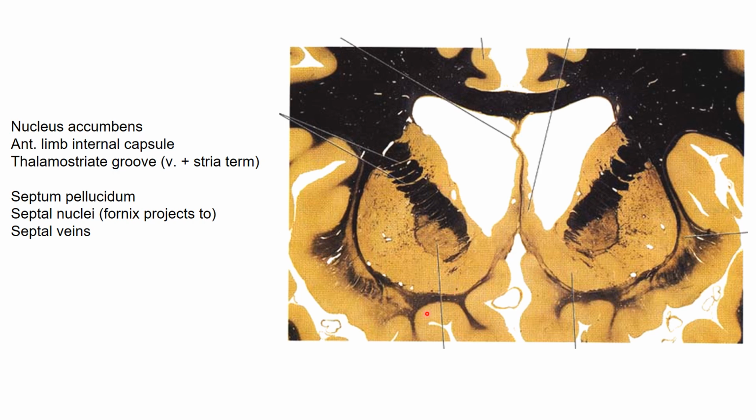And then also, we can see these black fibers going underneath the lentiform nucleus, aka putamen, and then our nucleus accumbens. This is going to be our sublenticular limb of our internal capsule, because this is our lenticular nucleus per se, and so then these fibers underneath are sublenticular.